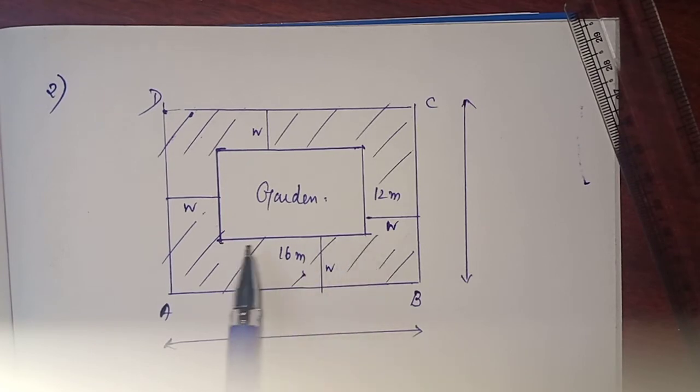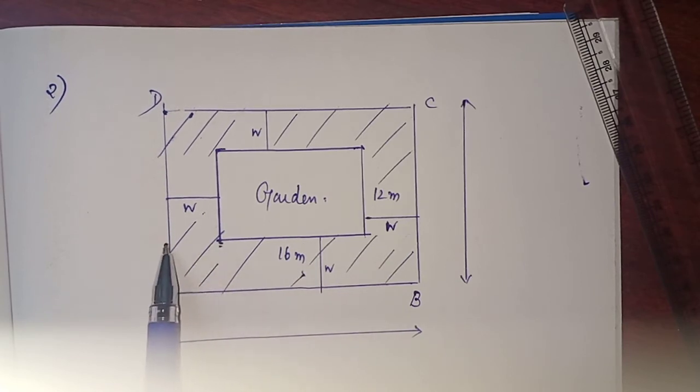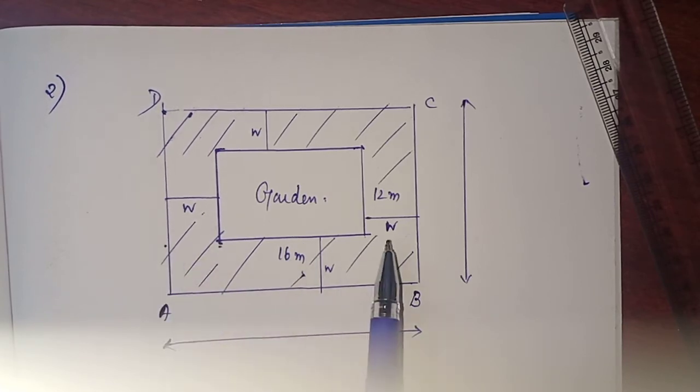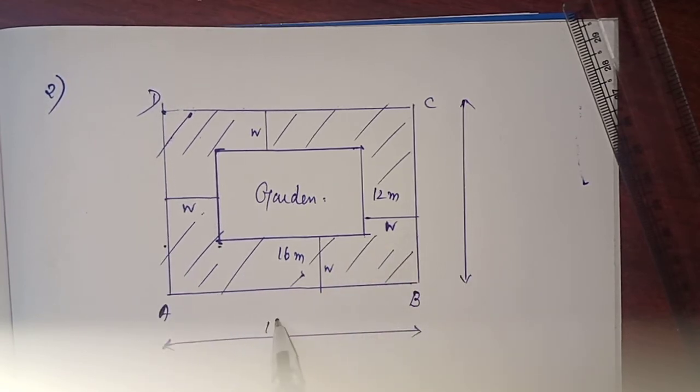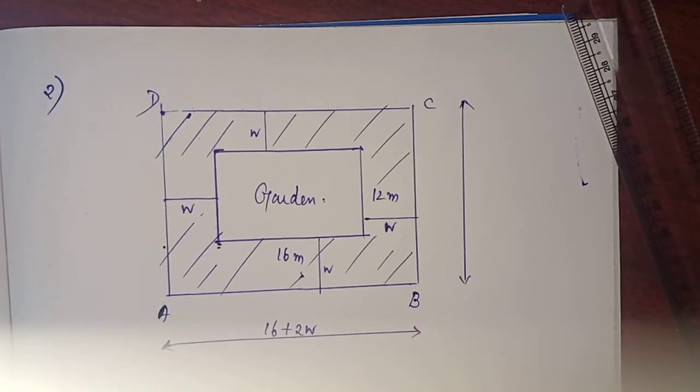From here to here we have 16 meters, correct? Since 16, from here to here W, 16 plus W, here also one W, so totally from here to here 16 plus 2W. That is the length of the rectangular garden, including the path.